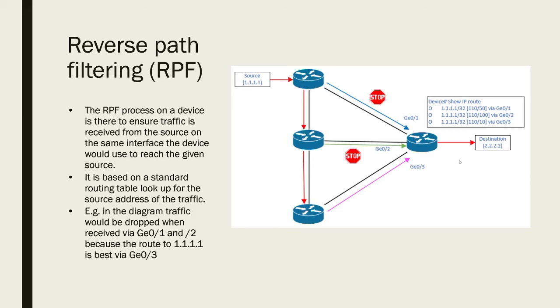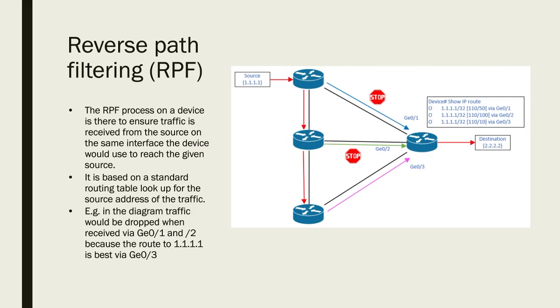And what this device can say is, when it receives this traffic, it knows that it was sourced from this 1.1 address. And when it receives it on interface 2 and interface 3, it knows that it came from this interface. But because it's got three copies of it, it needs to know, well, wait a sec, which one is the correct interface that I should have received it on?